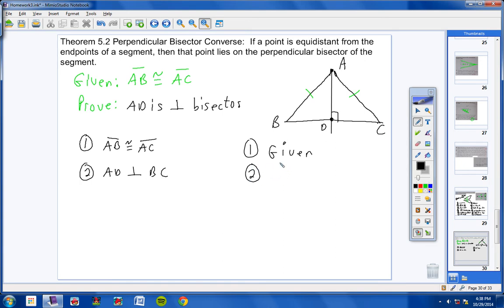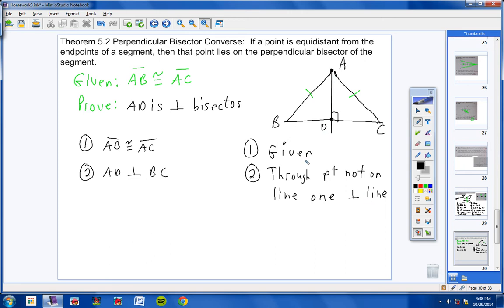Because through a point not on a line, that's point A, not on BC, there exists one perpendicular line.